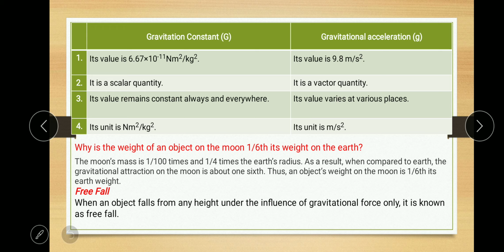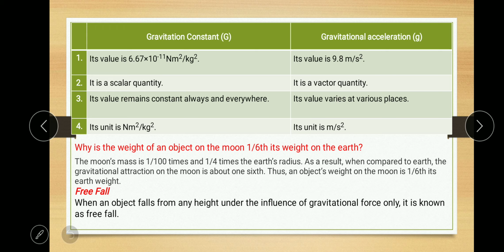First things first. The gravitational constant is capital G and the gravitational acceleration is small g. The value of the gravitational constant is 6.67 into 10 to the power minus 11 Newton meter square per kg square. And the gravitational acceleration small g is very easy, 9.8 meter per second square. The gravitational constant is a scalar quantity; it does not depend on direction. But gravitational acceleration small g is a vector quantity; it depends on direction.